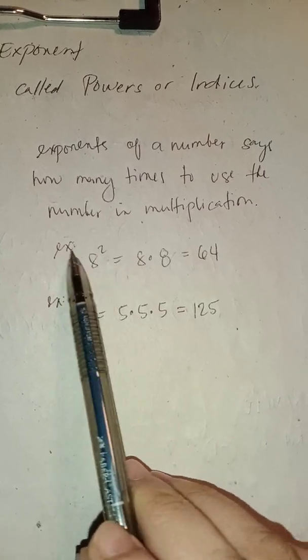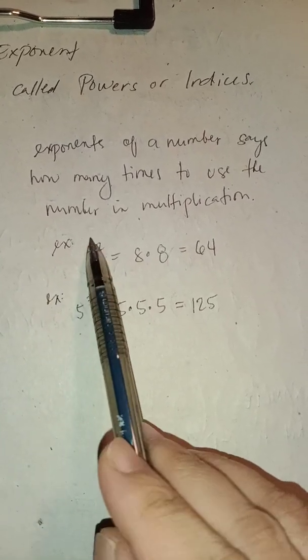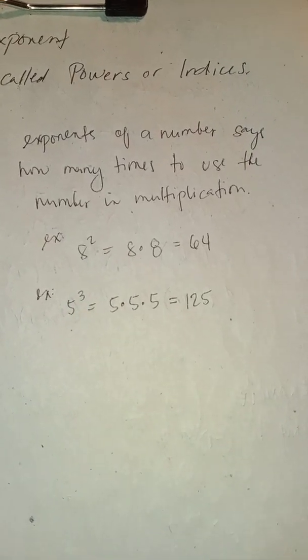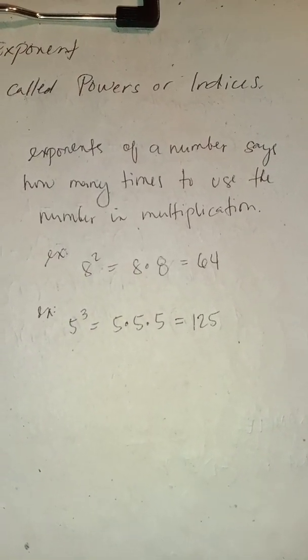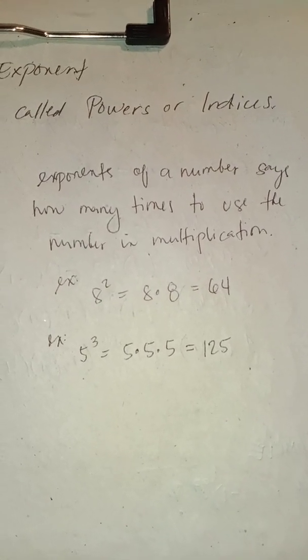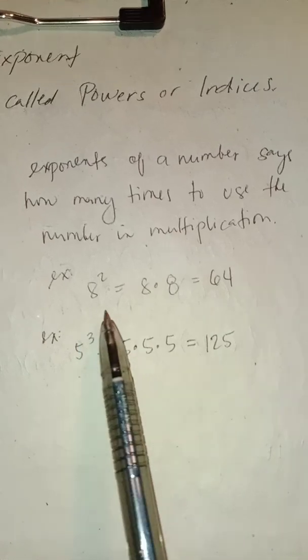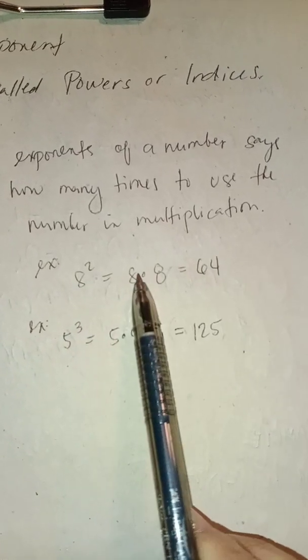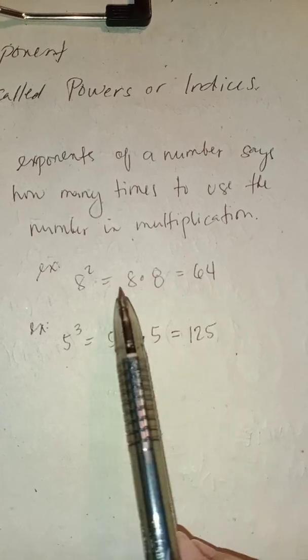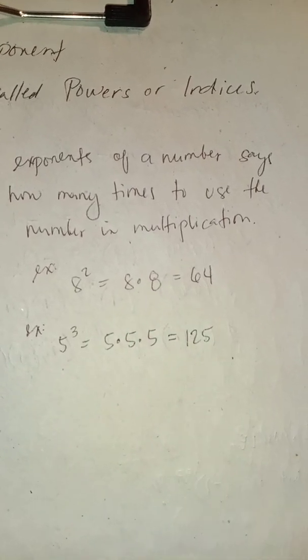Wrong yun. Hindi po pwede yung 8 times 2. Ang ibig sabihin ng exponent, kung ilang beses mo i-multiply yung base mo. So, 8 squared, dalawang beses yung 8. 8 times 8, so the answer is 64. 8 times 8 is 64, tama?